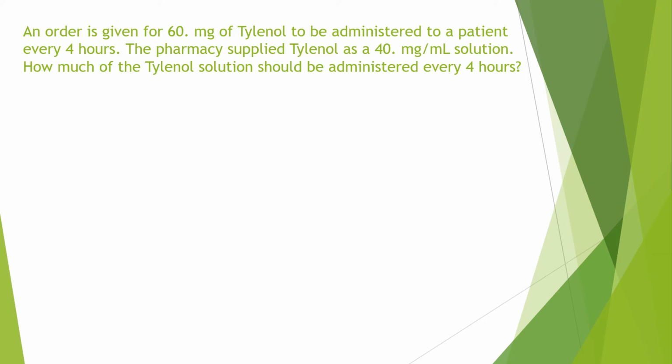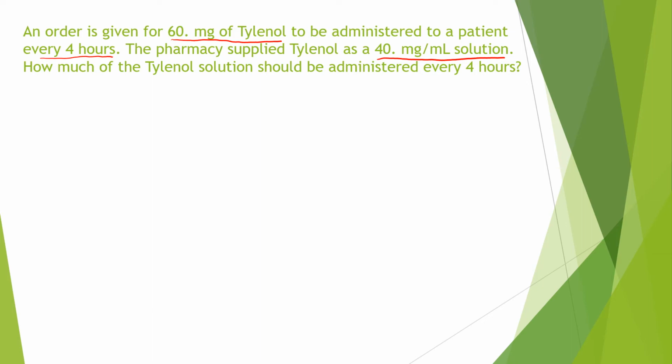For example, in this problem, an order is given for 60 milligram of Tylenol to be administered to a patient every 4 hours. The pharmacy supplied Tylenol as a 40 milligram per ml solution. How much Tylenol solution should be administered every 4 hours?